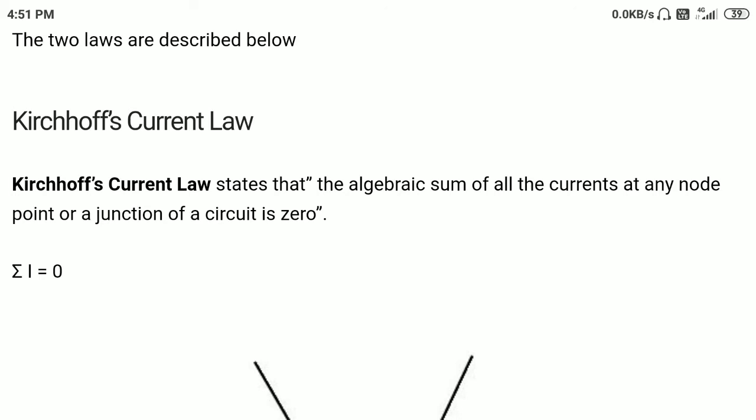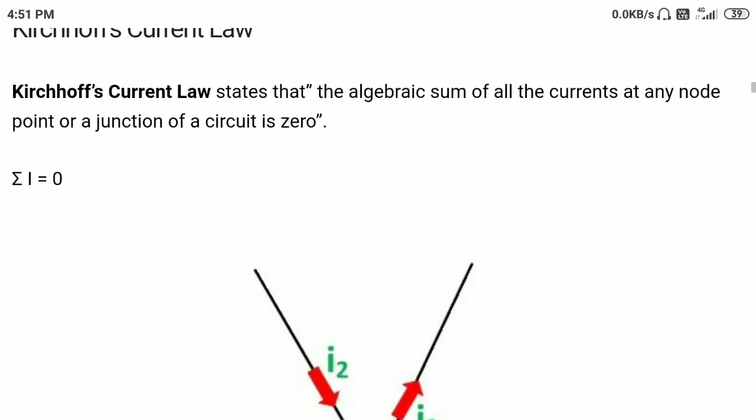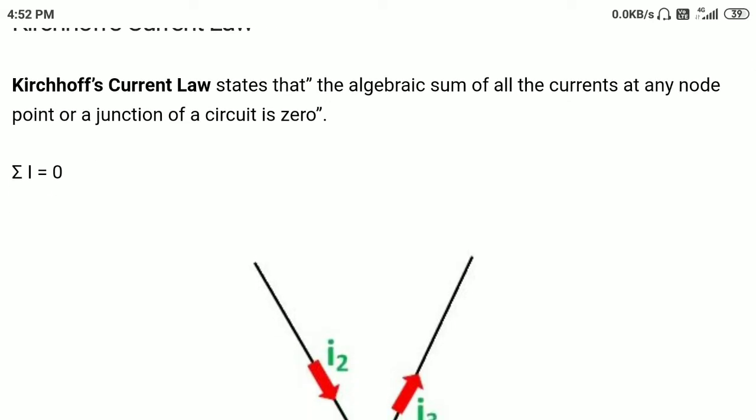Kirchhoff current law states that the algebraic sum of all the currents at any node, point or junction of a circuit is 0.